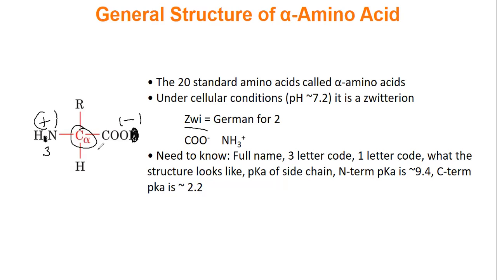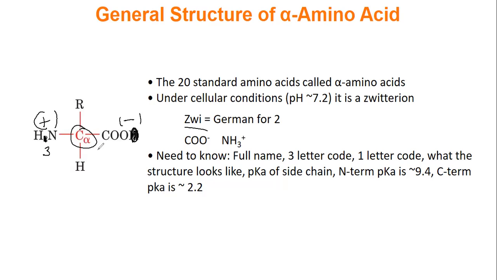So your task as a biochemistry student, and every single person who takes biochemistry has to do this, and it's painful, it's no fun, but amino acids are the alphabet of proteins. And if we want to talk about actual proteins, we have to know what they're made out of.